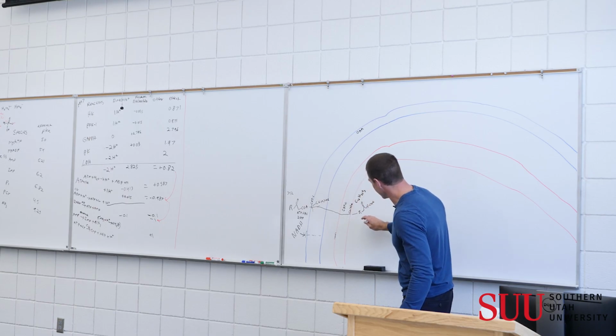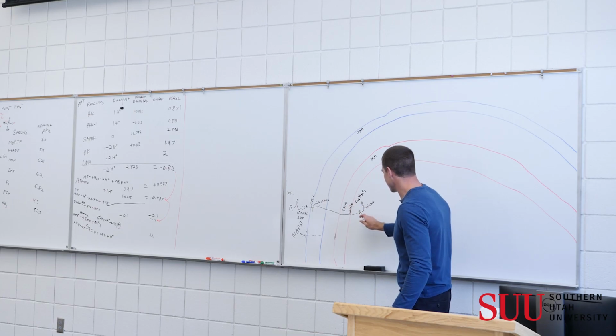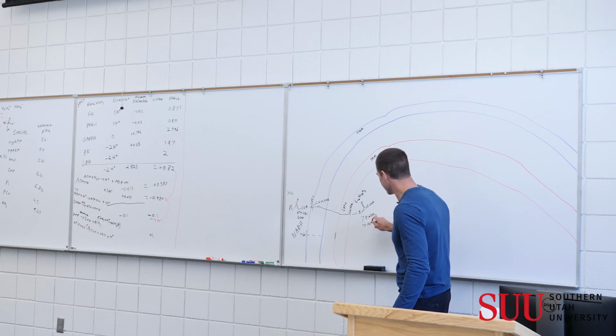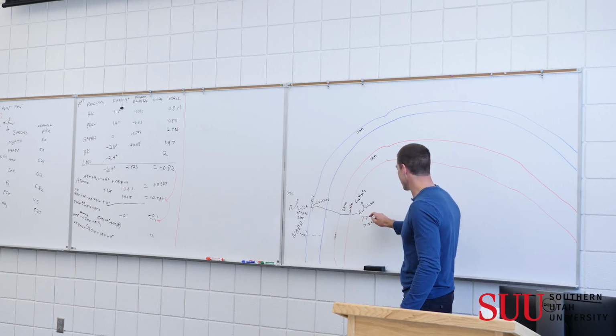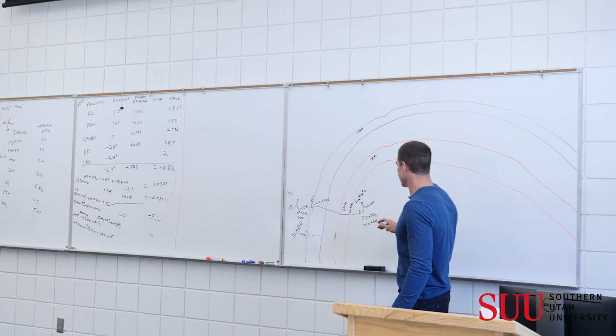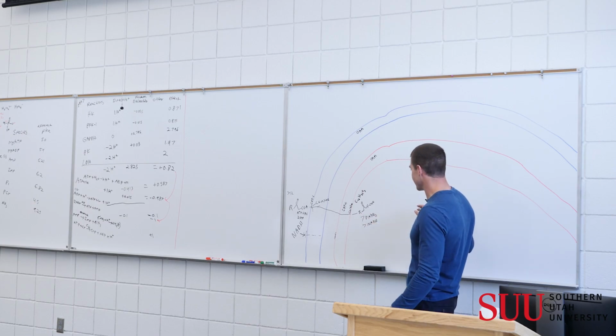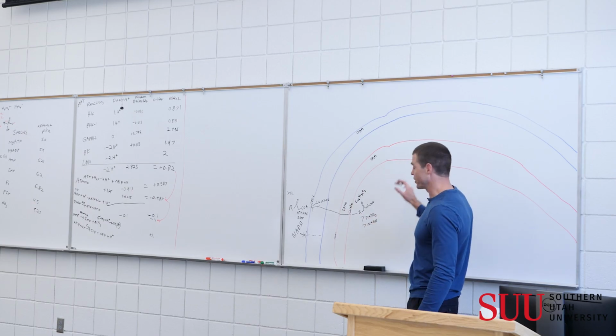You go through beta oxidation. You know how many cuts that is, so you end up getting 7 FADH2 and 7 NADHs. Now, this FADH2 is different than the TCA cycle FADH2, which is over here.